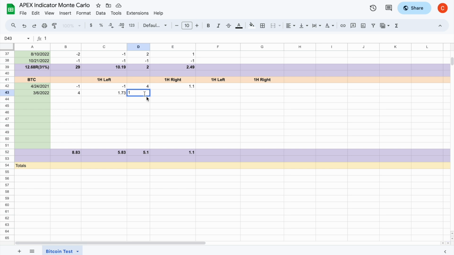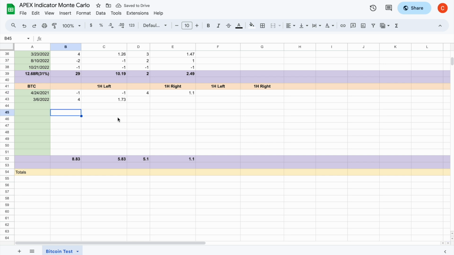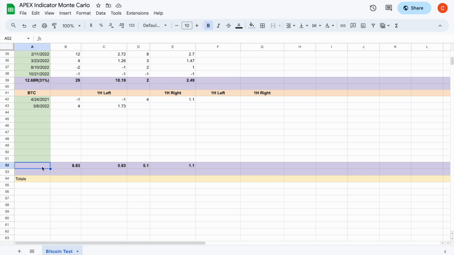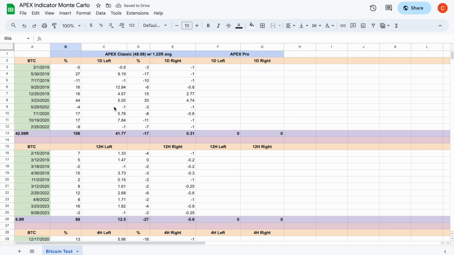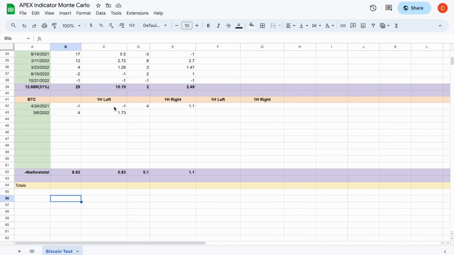What if I do something like that? I don't get it. Okay. I don't get that at all. But we'll just go ahead and put a note -4 before total and just see what happens. I don't know why it's doing that for overall for both of those. That makes no sense. If any of you spreadsheet gurus know how to do that, just let me know.